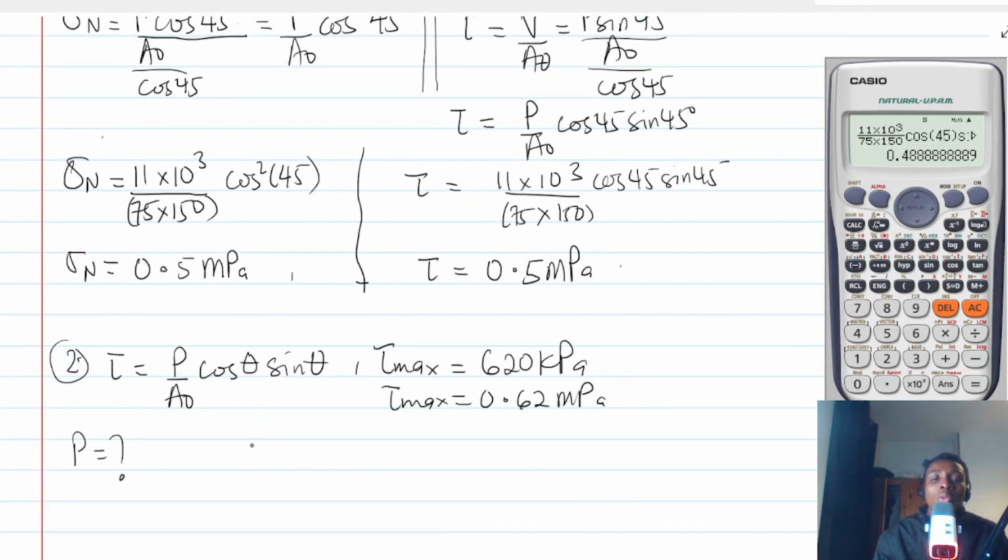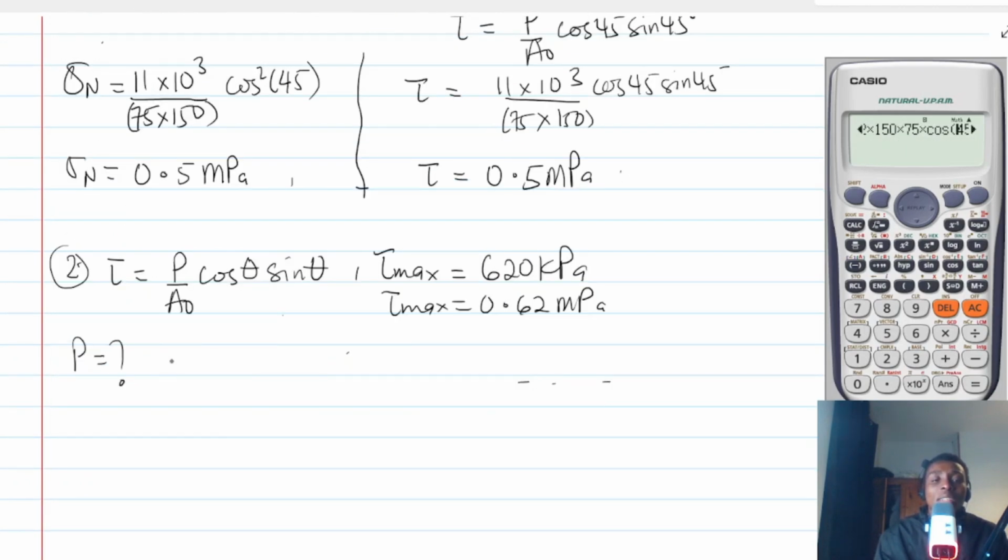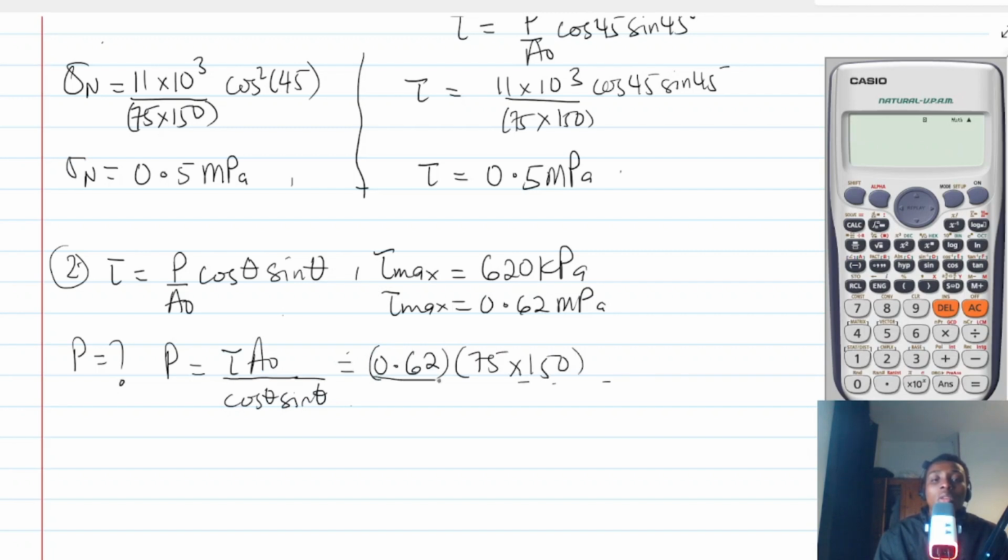It's just a matter of change of subject. So let's make P the subject. P is going to be tau multiplied by A naught, all divided by cos theta sine theta. So it's 0.62 multiplied by A naught, which is 75 multiplied by 150, all divided by cos 45 sine 45.